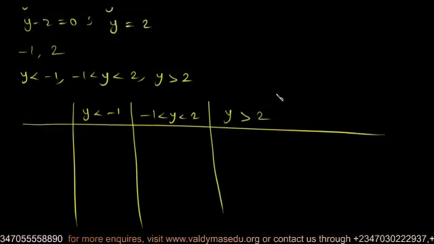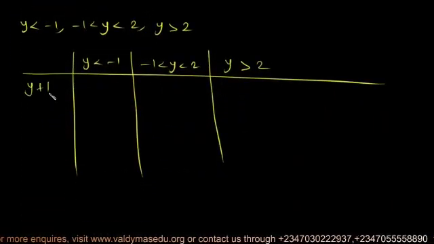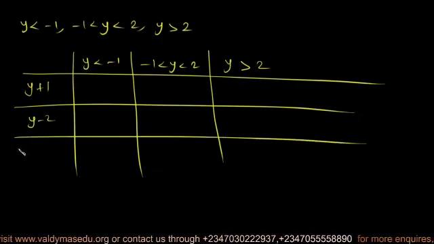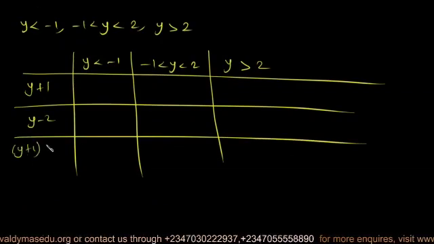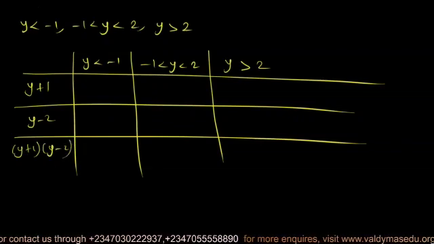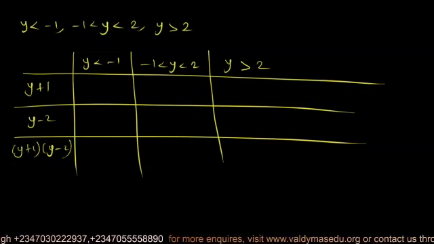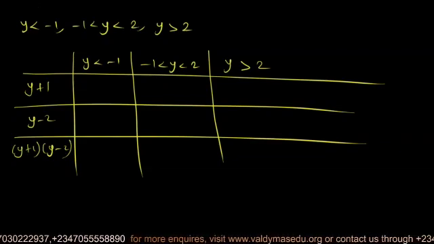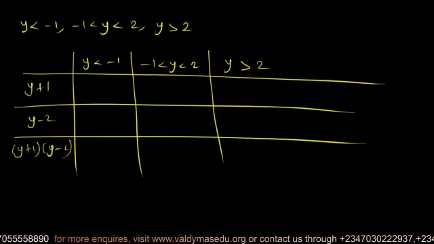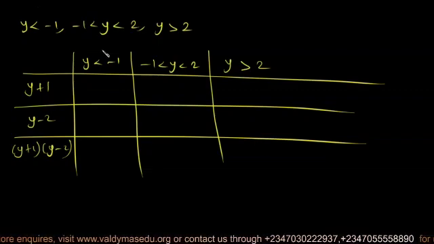At the other side, we have y plus 1, y minus 2. Now the next thing is to find the values of y. We have y less than minus 1, so you look for a number that is less than minus 1. A number less than minus 1 is minus 2.